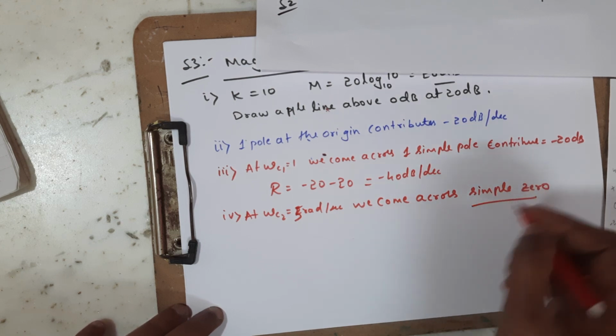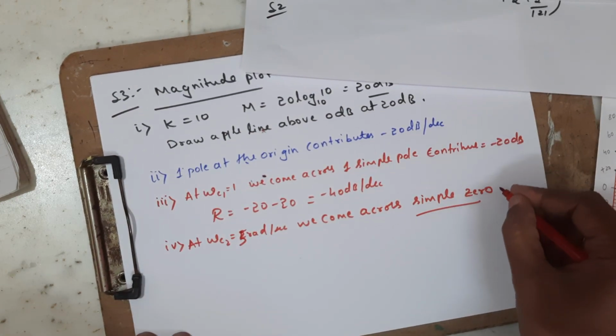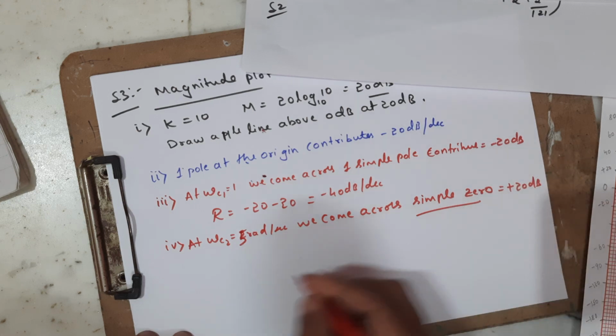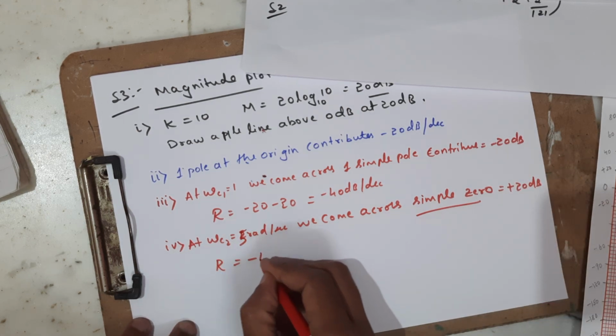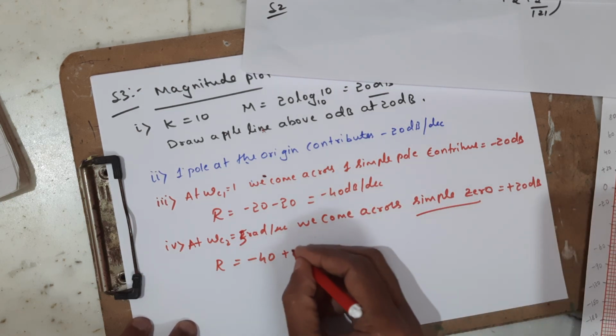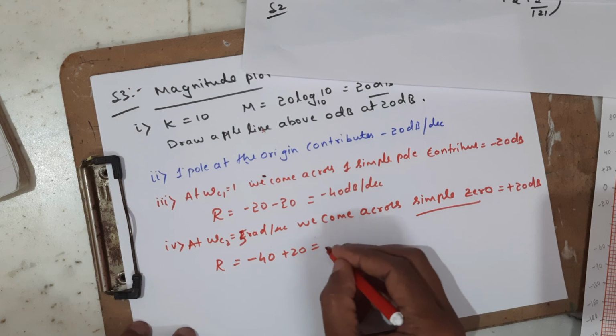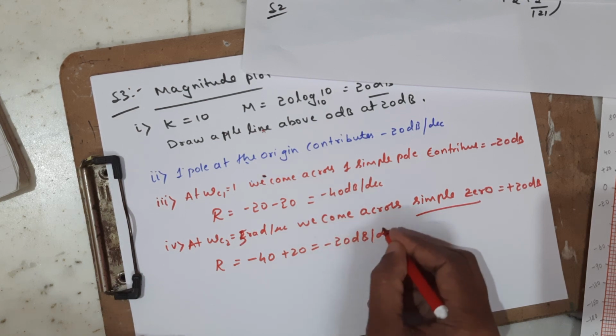Very much important. So what is the contribution of a simple zero? It is plus 20 dB. So the previous slope is minus 40, the contribution of the simple zero is plus 20. Therefore, the resultant is minus 20 dB per decade.